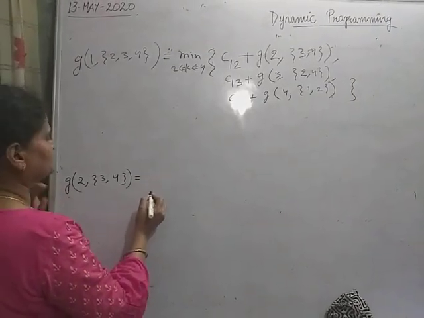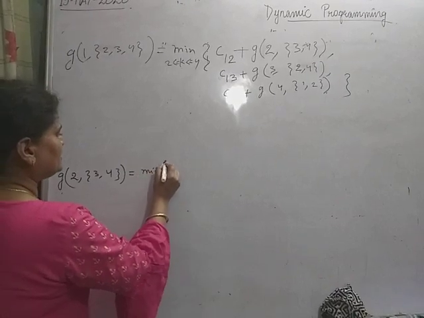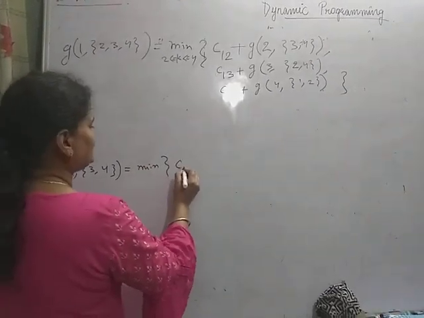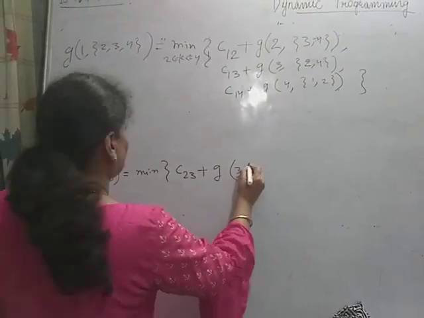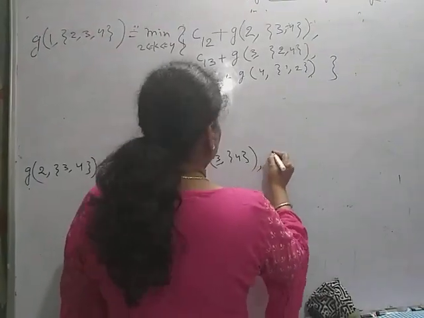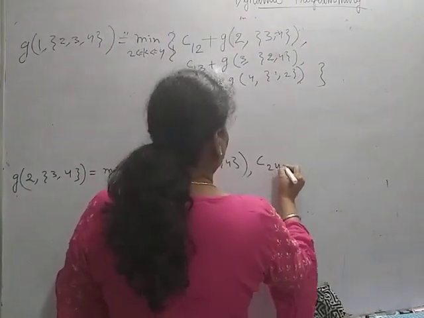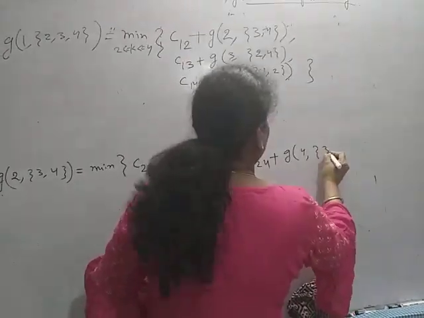How to compute G(2, {3,4})? It is the minimum of C(2,3) plus G(3, {4}), and C(2,4) plus G(4, {3}).